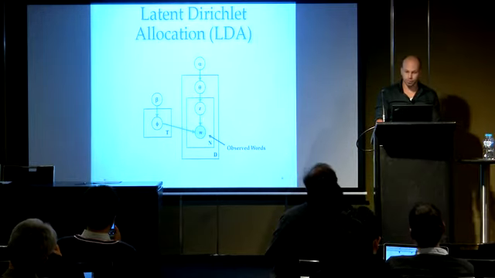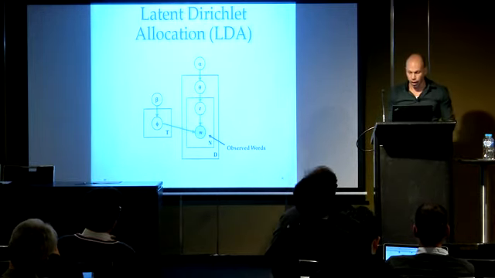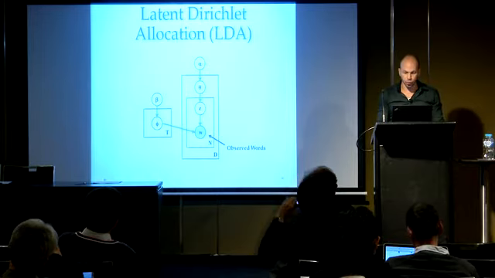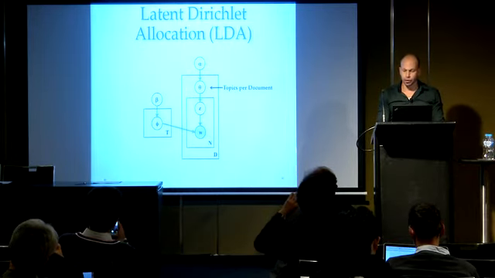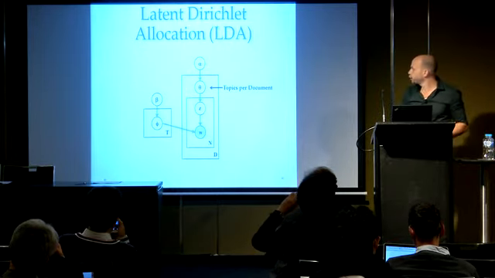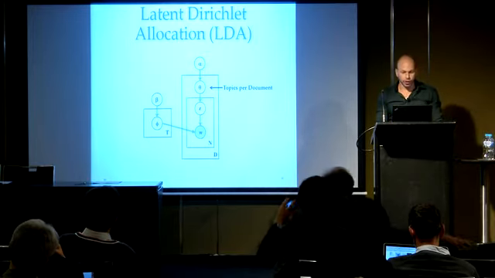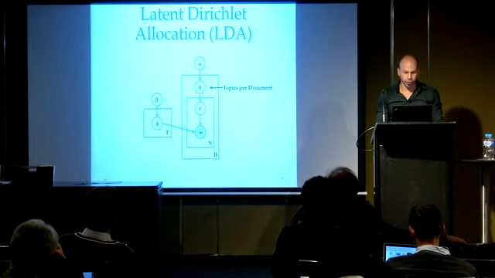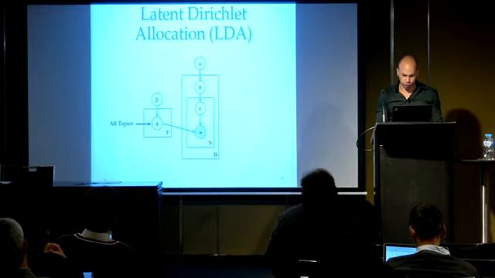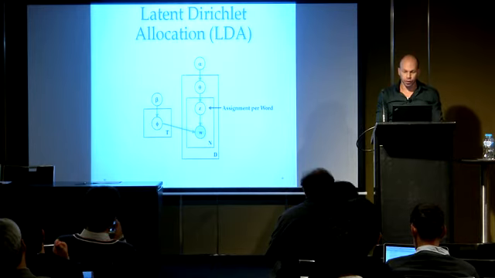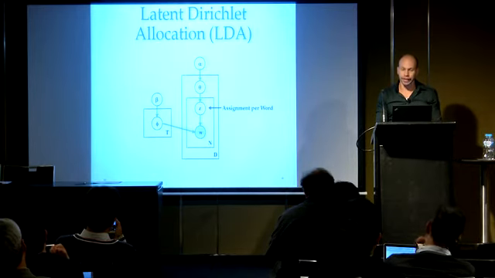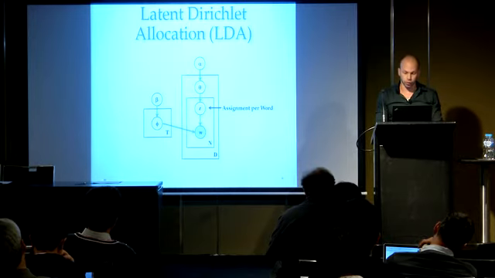Again, the observed variables are the words in the documents, and the model learns three things. For each document, it learns the distribution over the topics. For all documents, and per each topic, a distribution over the words. And for each word in each document, it learns the hidden topic that has generated this word.